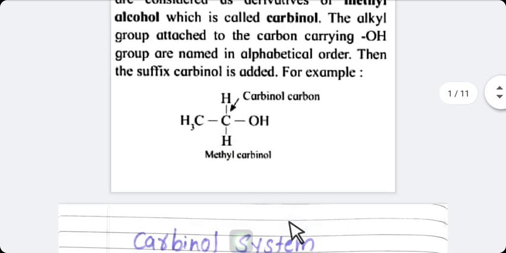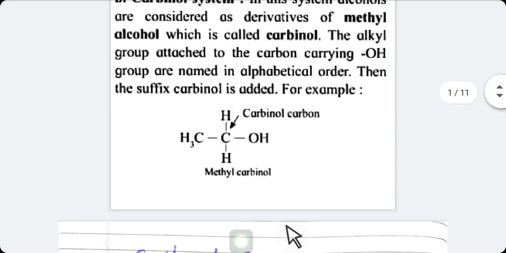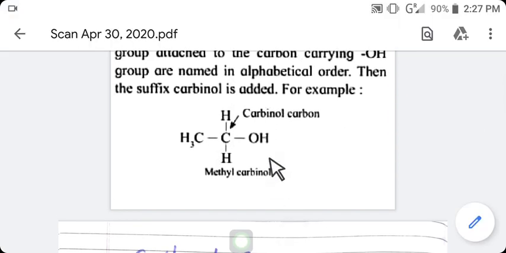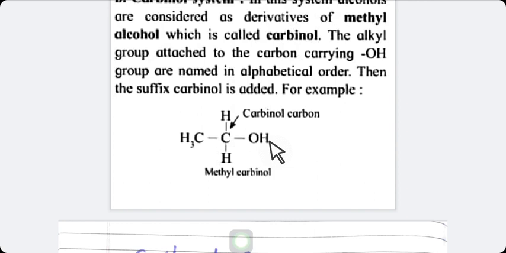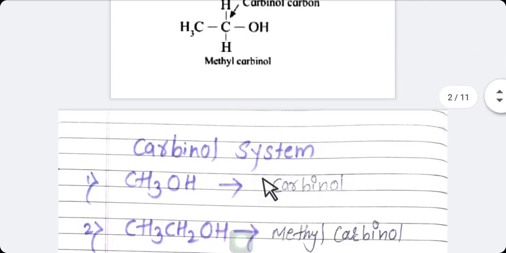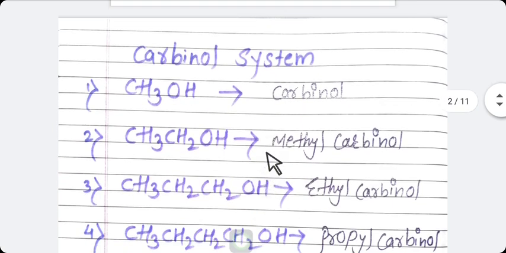See in this example, this group, meaning methyl alcohol, is known as carbinol. We are taking more examples here. Just see here, CH3OH is methyl alcohol and it is your carbinol.